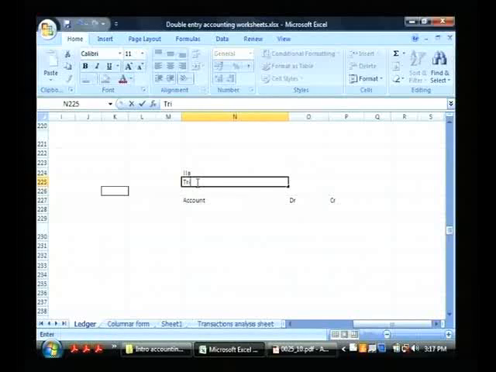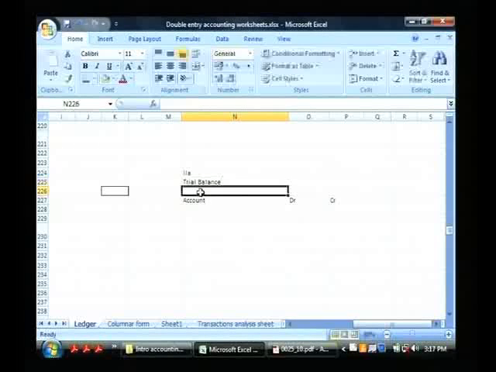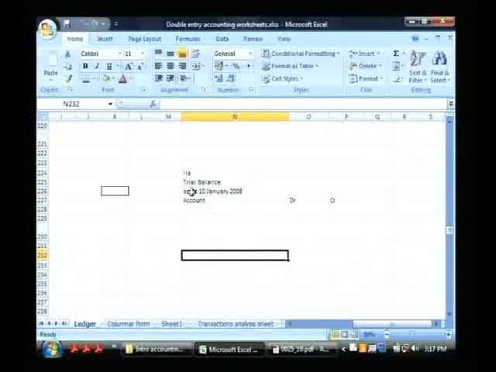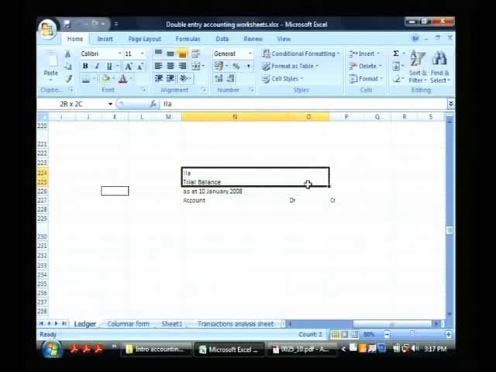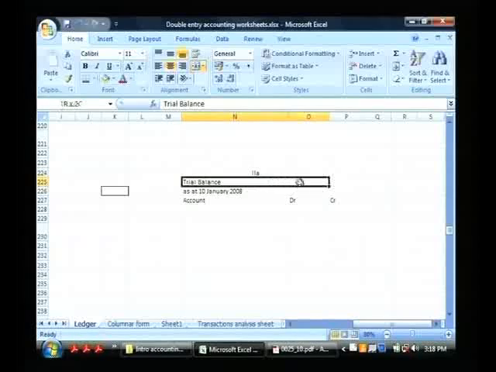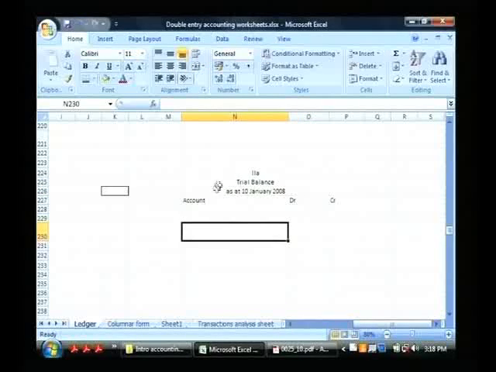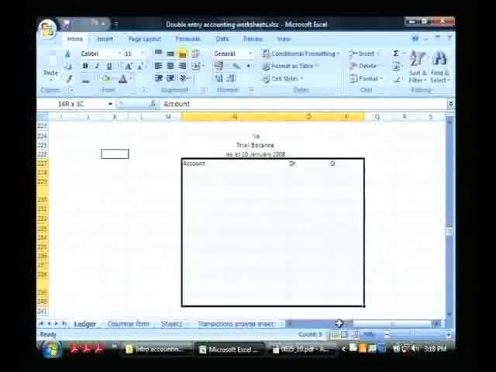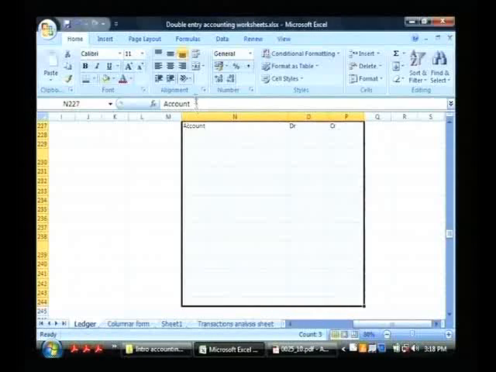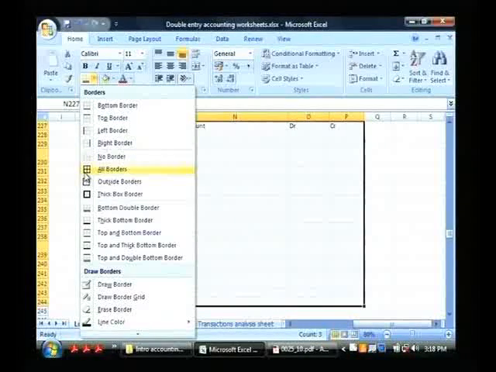Trial balance title, and the period it is as at 10th January 2008. So we have completed the title. Put it nicely. Normally it is centered. This is the trial balance.